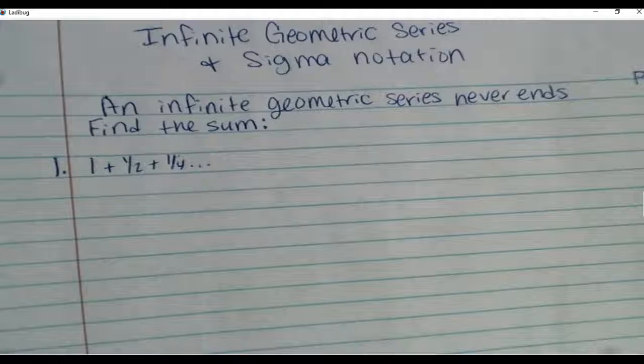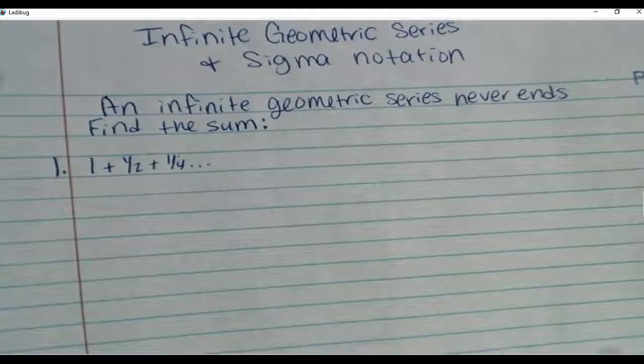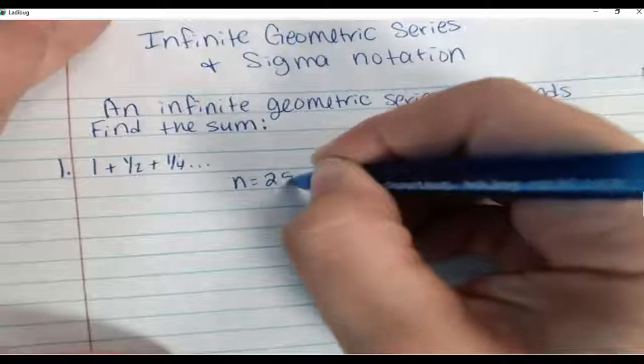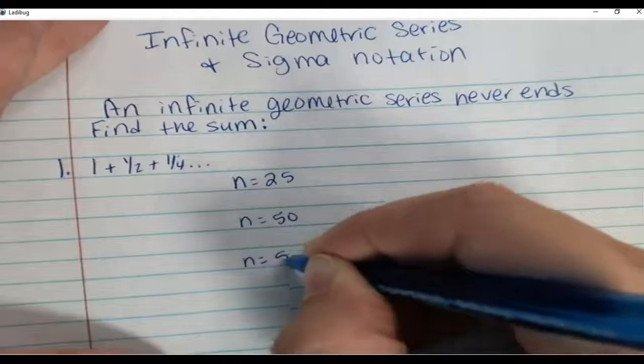So it doesn't give me an end. I don't know where to stop because I want to find the sum of the entire thing, but it goes on forever. So let's just pick some n's. So let's say we want to find when n is 25, when n is 50, and when n is 500.